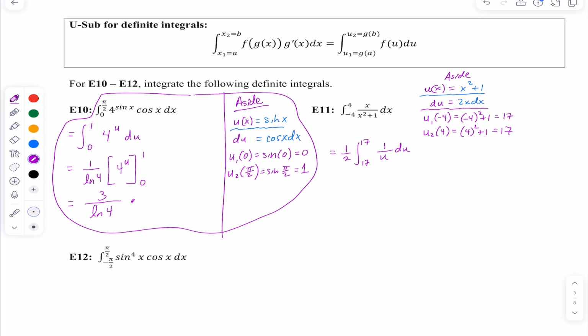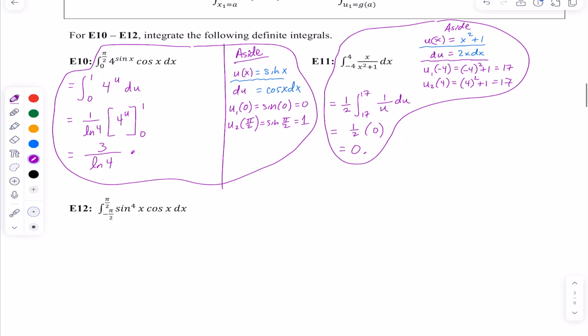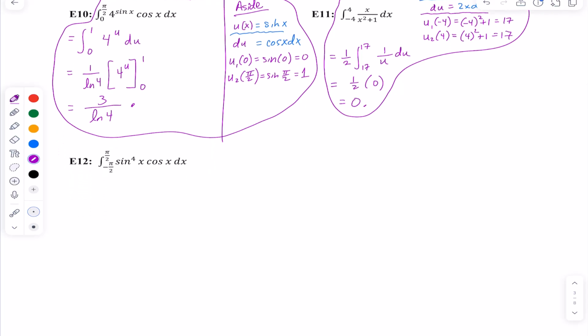Now, by properties of integrals, we know that this continuous function in terms of u has to be 0 because our definite integral is from 17 to 17. Let's do another example.